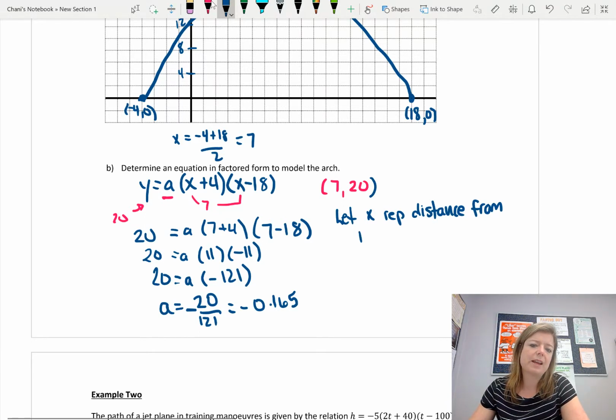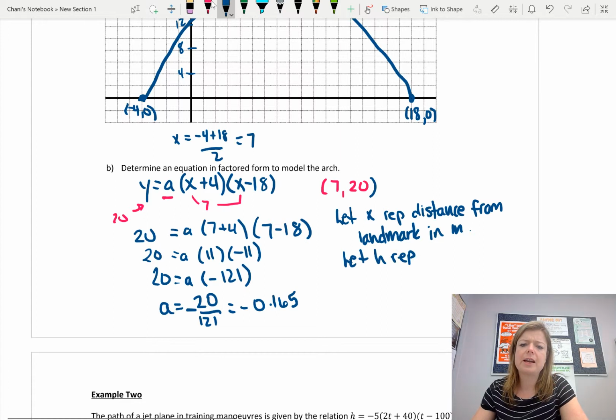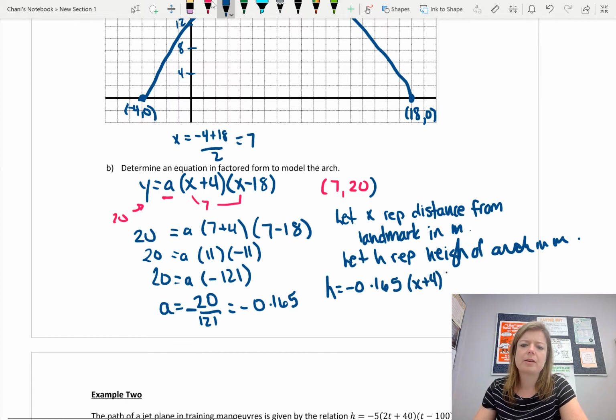They must have some landmark as to why they did that. So h is equal to negative 0.165 (x plus 4)(x minus 18).